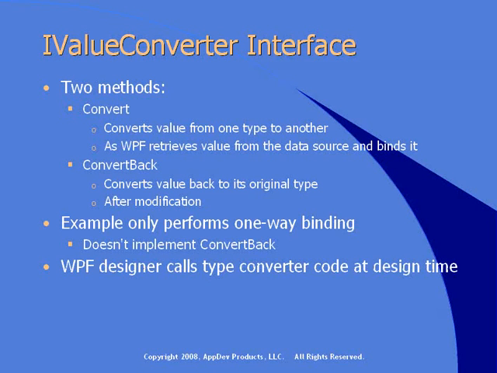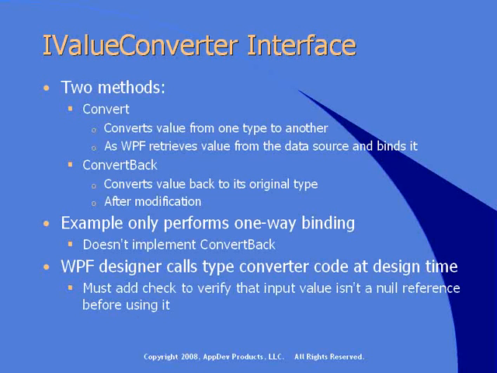The WPF designer will call your type converter at design time, and this is a surprise. Normally you would expect it only to call your type converter at runtime, not at design time. I'm telling you this because I spent like half a day wondering why I couldn't get this code to compile. It worked in beta versions of the product, but didn't work in the release version because they changed the behavior for the release version. You must add a check to your code to verify that the input value isn't a null reference before using it.